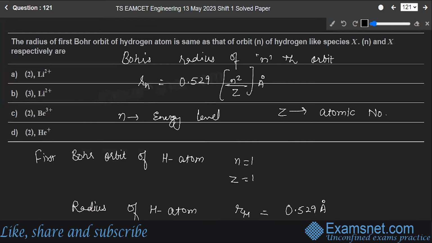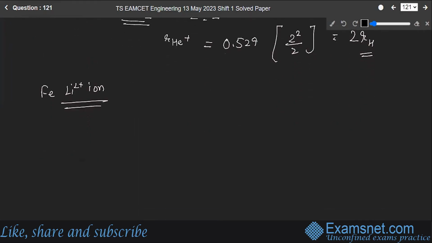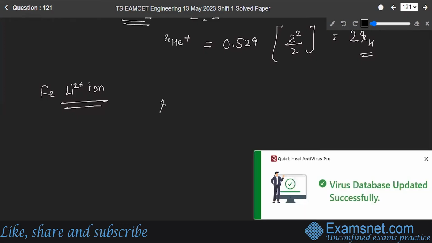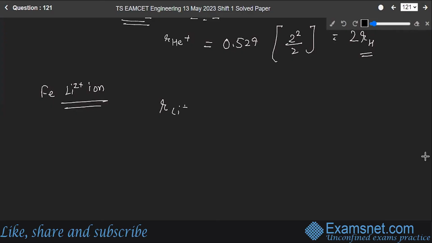For lithium ion, we have just seen for the helium, I'm going for the lithium now. So for the lithium ion, Li 2 plus, radius of lithium ion is equal to, see, for the lithium ion you have n is equal to 2 and atomic number is 3. So this is 0.529 multiplied by 2 square upon 3, or this is 4 by 3 of radius of hydrogen.